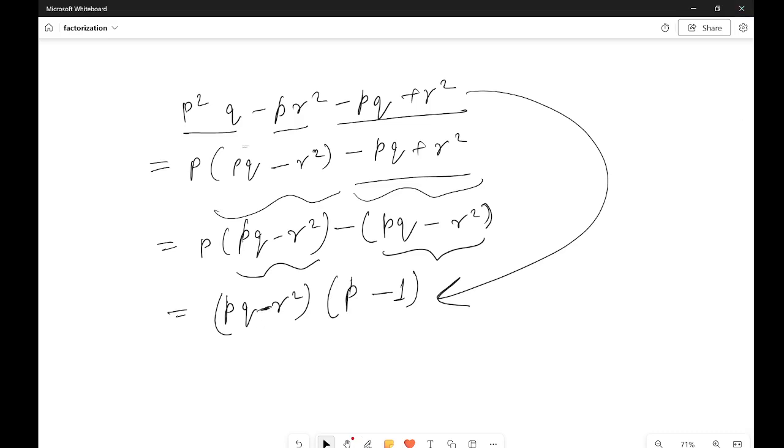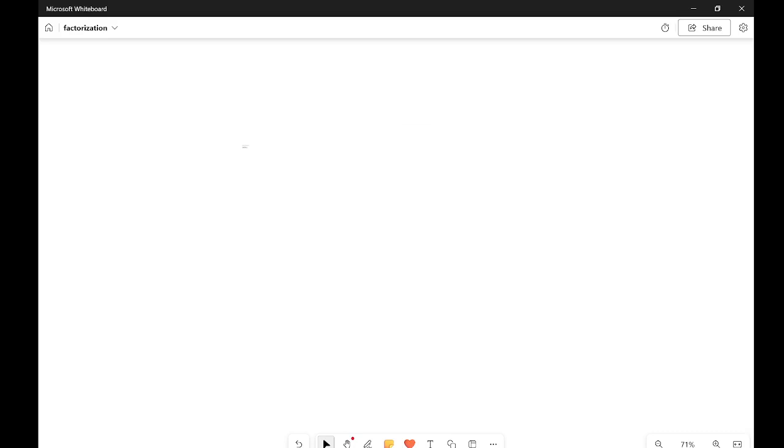So basically common may or may not be available visibly the first time. You have to take common from the expressions and see if you can find a pattern there. Something similar, let's try 1 plus xy plus x plus x square y.